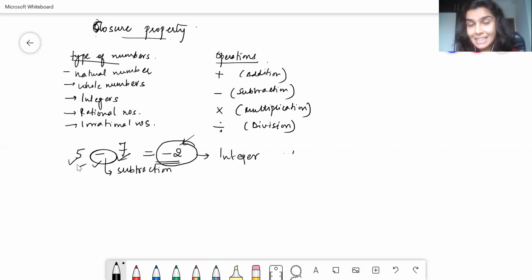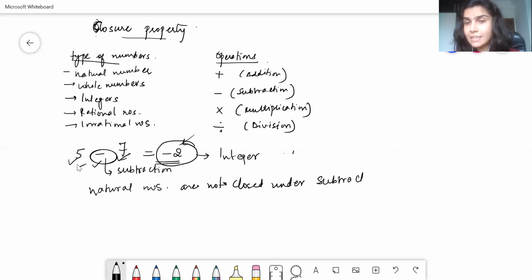So it means that natural numbers are not closed under subtraction, right? What does it mean? How does it look in an equation? It means that if I am subtracting one natural number from another natural number, it is not always necessary.